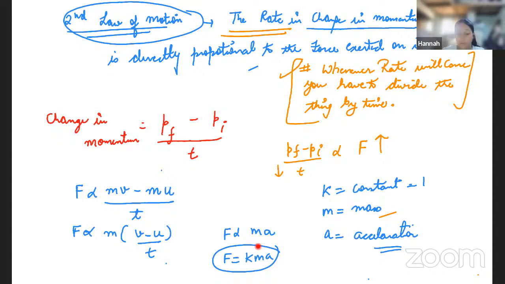I forgot what mv and mu mean. mv is final momentum, mu is initial momentum, v is final velocity, u is initial velocity.